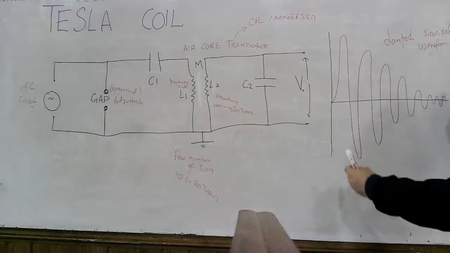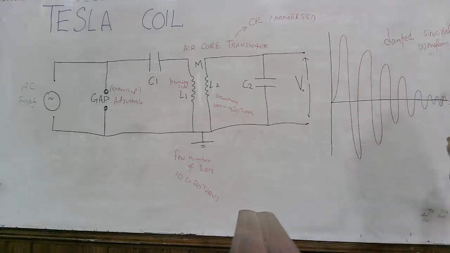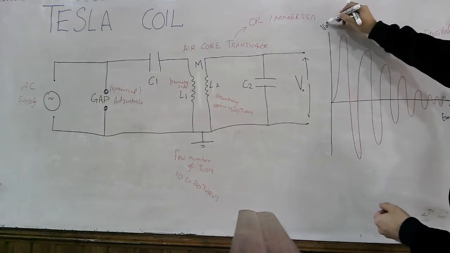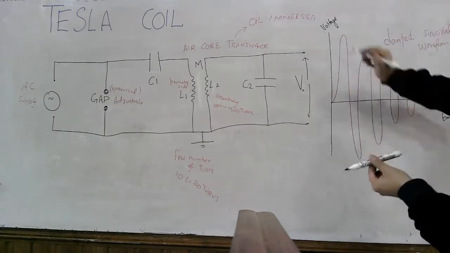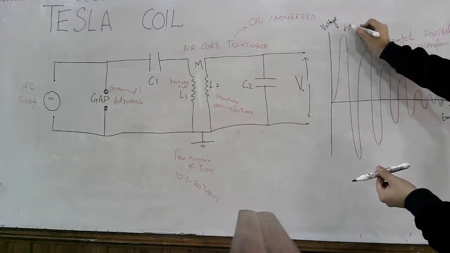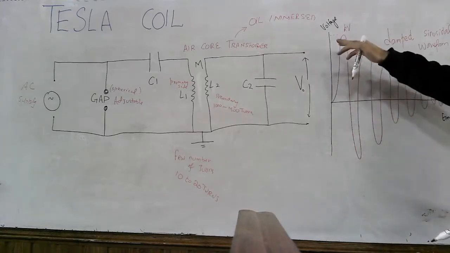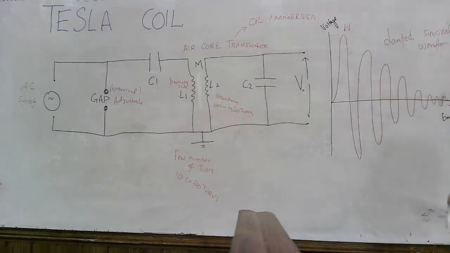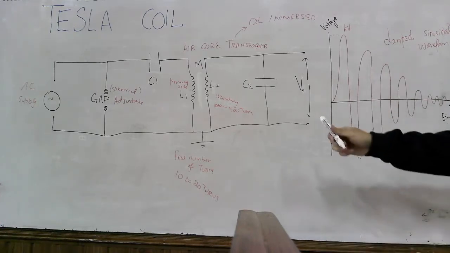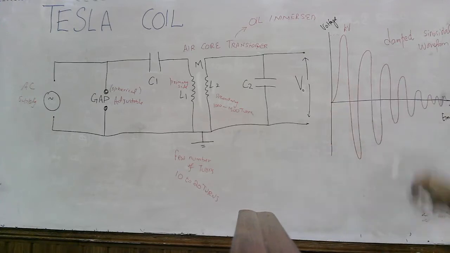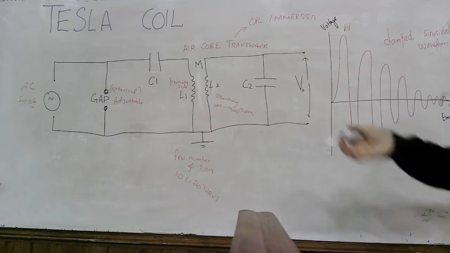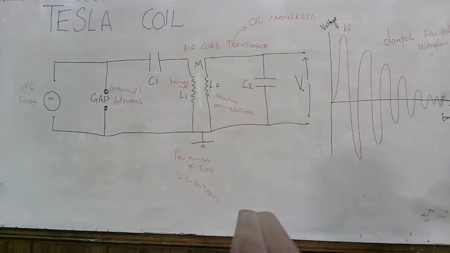This is a graph of voltage versus time. Here you have the time axis and here you have the voltage axis, and the voltage here is around kilovolts, and you can see that the voltages are damped. Now how is this circuit able to produce this type of waveform? For that you need to understand what's inside this circuit, what's happening here.